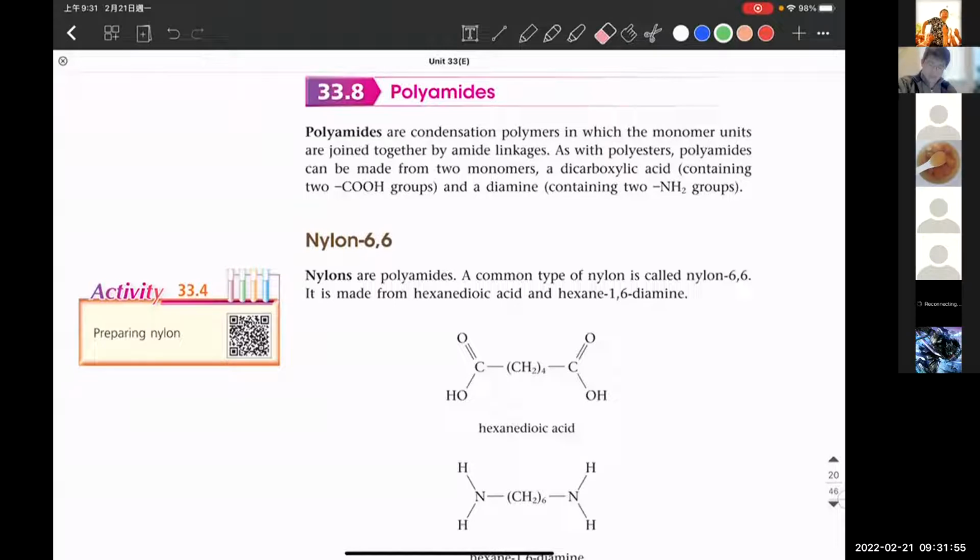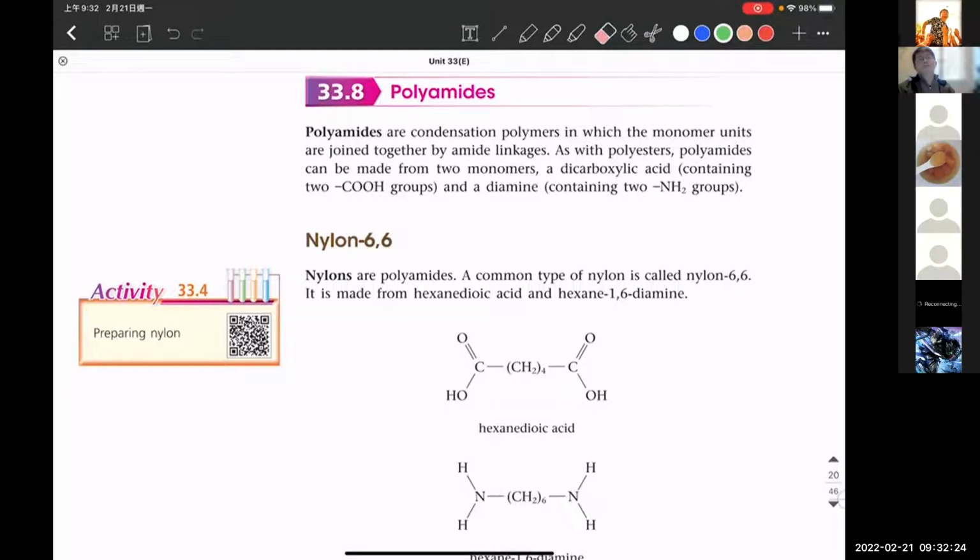Polyamide is indeed also found in naturally occurring substances in protein. We call it polypeptide. We have a bundle of 4 or more polypeptides that come together to form a big molecule, which we call a protein molecule.